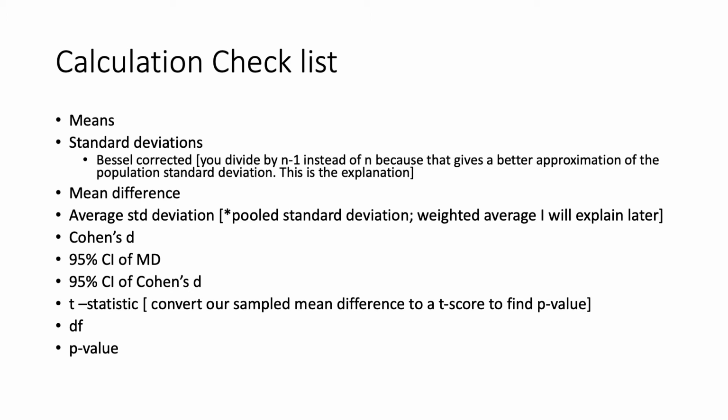We want our Cohen's d. We want our 95% confidence interval of the mean difference. We want our 95% confidence interval of the Cohen's d. Those two provide truth. We want our t-statistic so that we can find the p-value. It's the same t-statistic as last time. The degrees of freedom and the p-value are what we need. So that's what we've got.